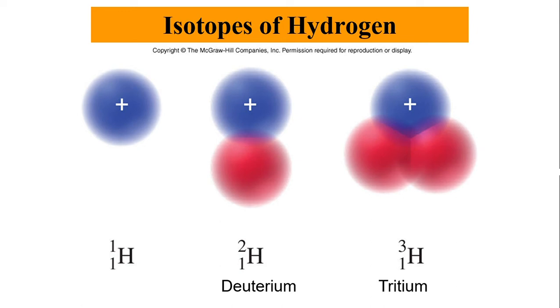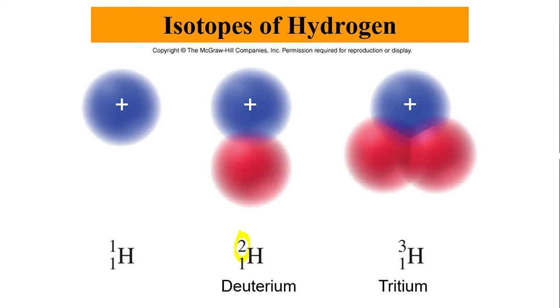Notice that the first one, which has only 1 proton and therefore 1 plus 0 neutrons, a mass number of 1, is the most abundant of the isotopes of hydrogen. We also have the isotope that is commonly called deuterium. This one has a proton and a neutron, therefore 1 plus 1 equals mass number of 2. Remember, we have the mass number here on the top, right?